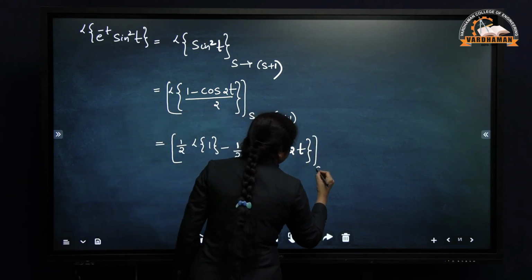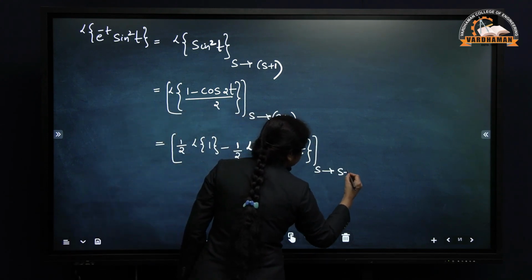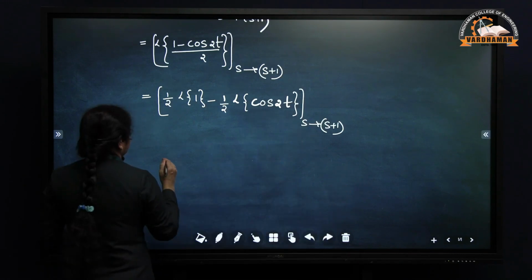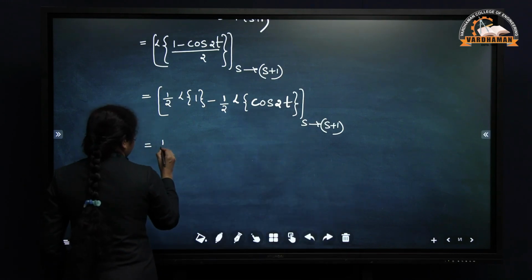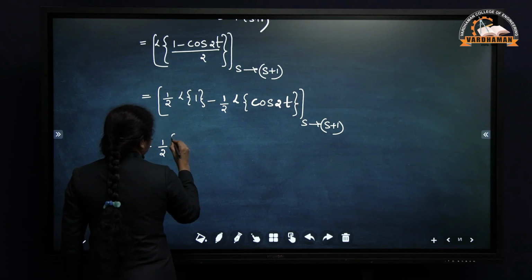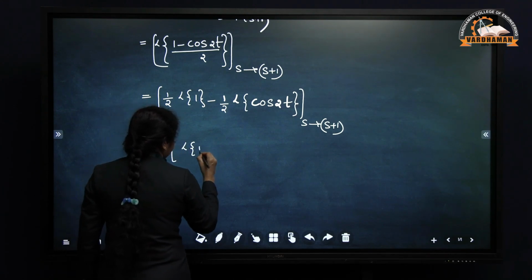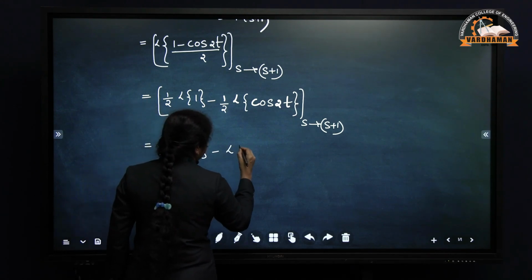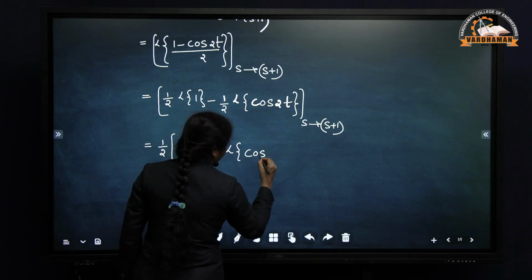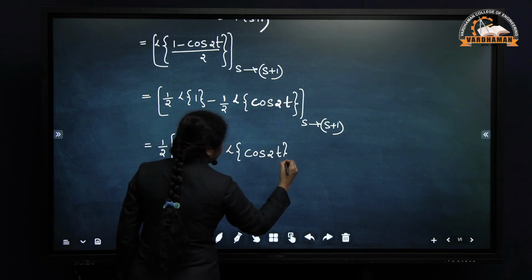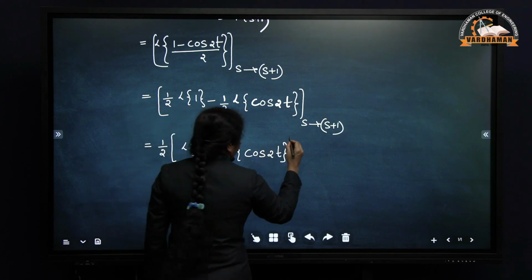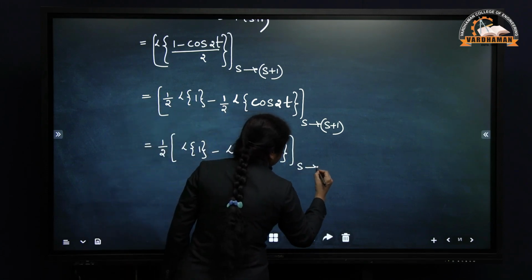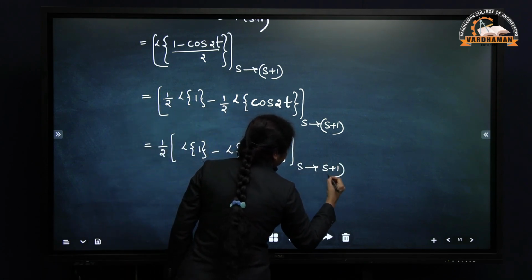So now change s to s plus 1. By taking 1 by 2 common, we get Laplace transform of 1 minus Laplace transform of cos 2t, and here change s to s plus 1.